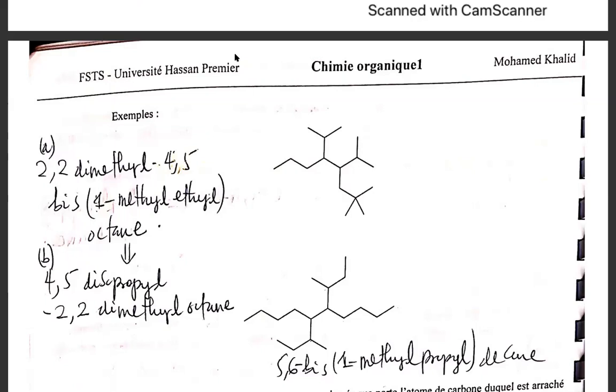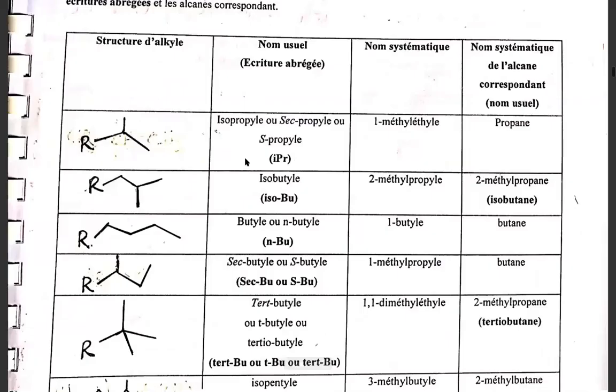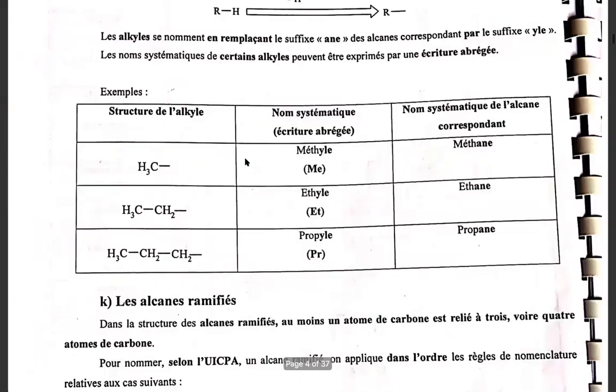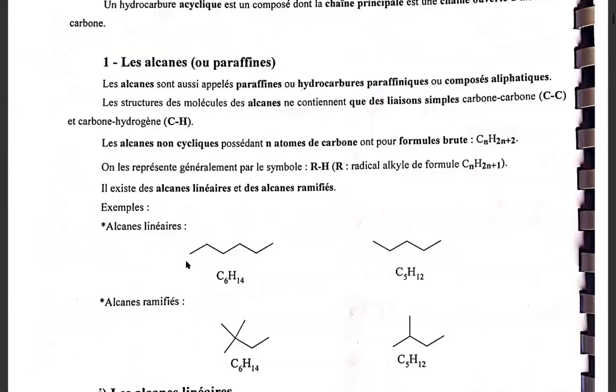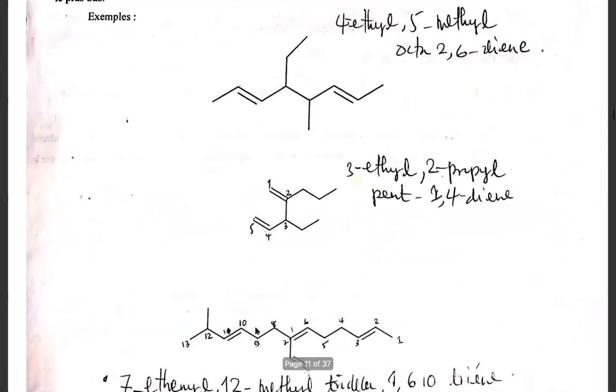So, Mutale, a ramified hydrocarbon falls under the class of aliphatic hydrocarbons. For aliphatic hydrocarbons, we said they can be open chains. Then we have ramifié, which means branched. That's why I stopped on this slide.